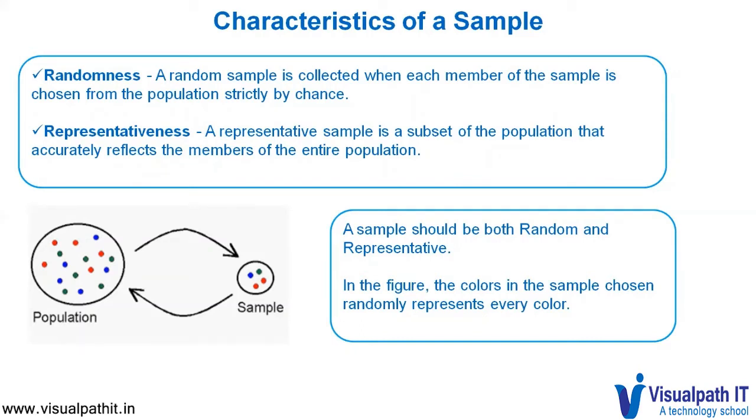At the same time, was it representative? Again, the answer is no, since it represented only the people who eat in the canteen. So, in that example, the sample was neither random nor representative.